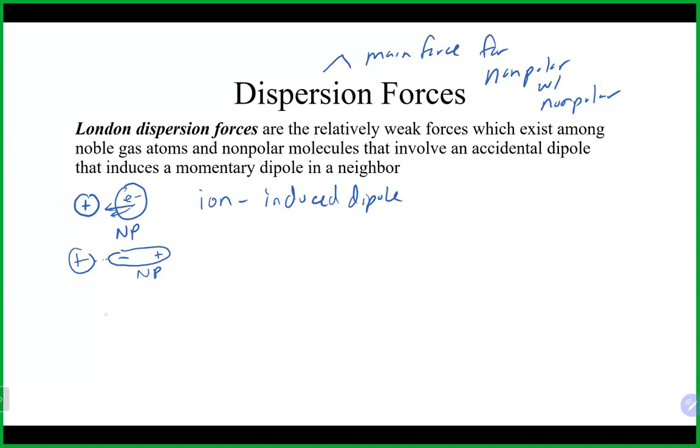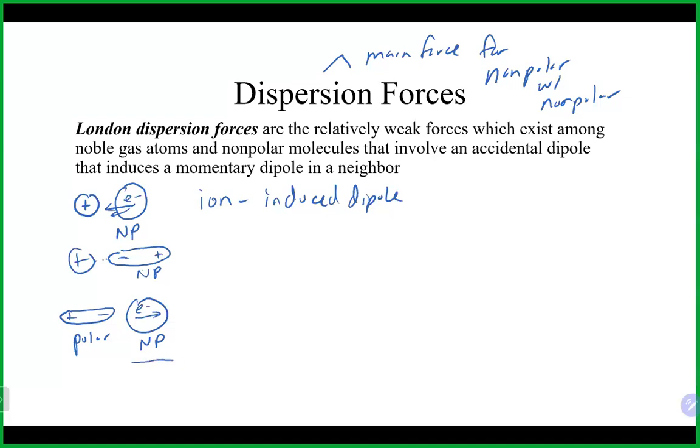You could also do this with a polar molecule. If you had a nonpolar molecule and you rolled up a polar molecule next to it, once again, in this case, the negative side of that polar molecule is going to make the electrons in this guy run to the opposite side.